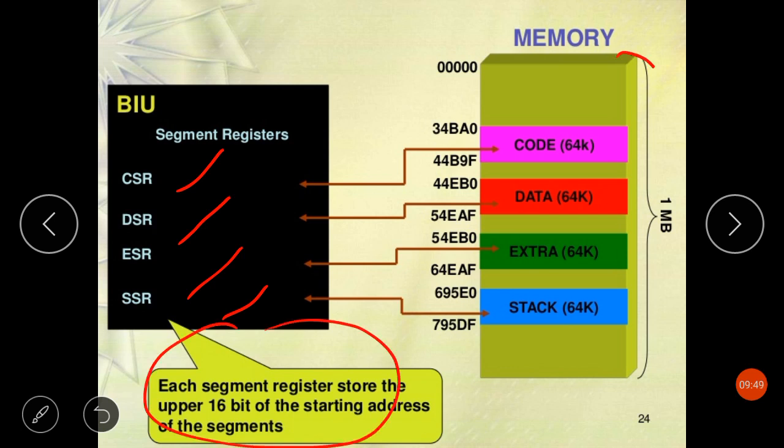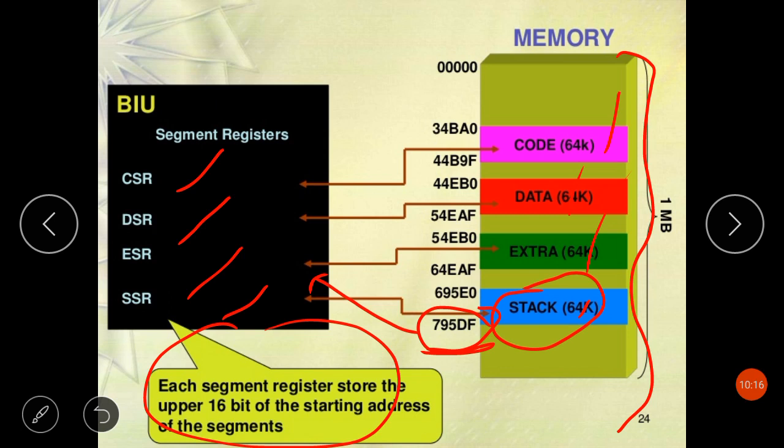This is the segmented memory of 1 megabyte, and we have 4 active segments at a time, each of size 64 kilobytes, with the starting address given by the segment registers. For the stack segment, the starting address will be given by the stack segment register. Similarly, for the extra segment, the starting address is given by the extra segment register.